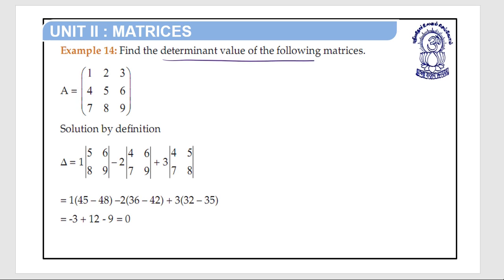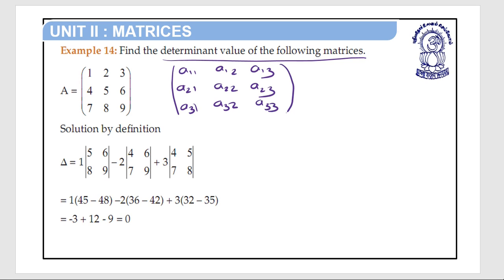Find the determinant value of the following matrix. A is equal to 1 2 3, 4 5 6, 7 8 9. Now the solution by definition: here you can write A11, A12, A13, A21, A22, A23, A31, A32, A33.